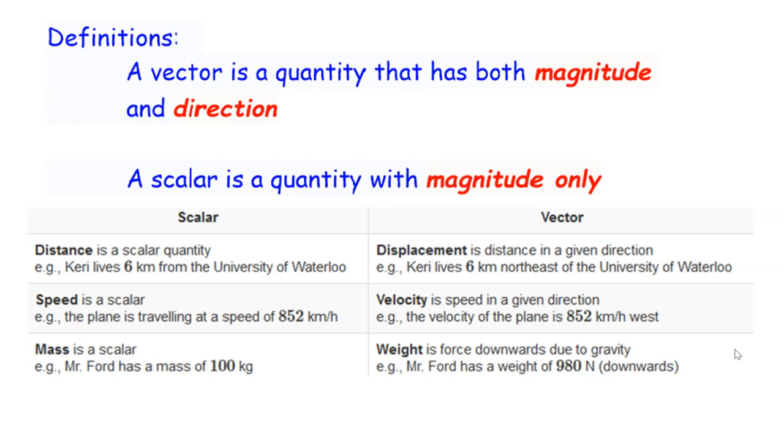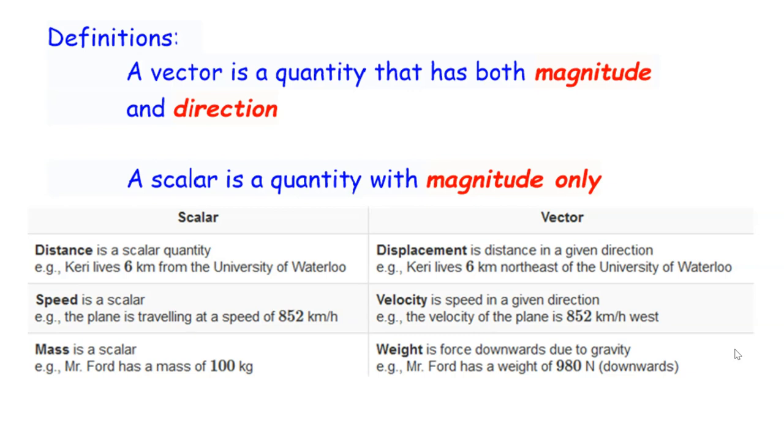Speed, although some people think it's the same as velocity, it is not, because speed is just the magnitude of the change in position over time. So a plane is traveling at a speed of 852 kilometers per hour. If that's all you're saying, if all you're giving is the speed it's going at, then it means that it is a scalar, because all you're talking about is the size of that change in position over time.